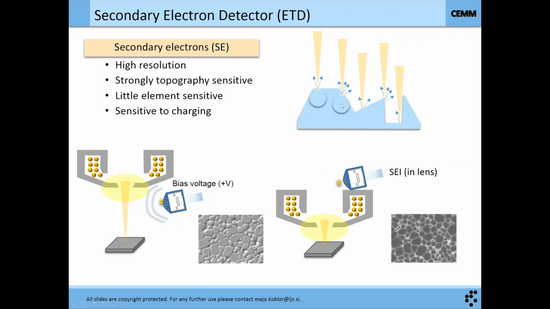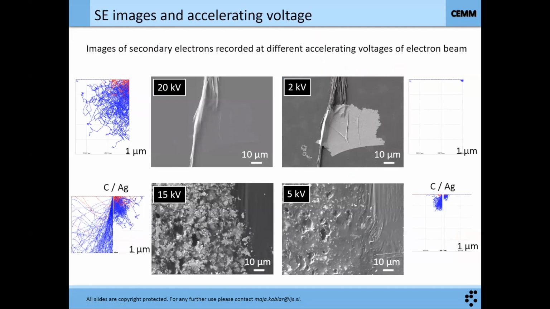And at the edges, you get more secondary electrons. And this detector is on the Quanta 6650, and this detector is similar to the old SEM that we had.